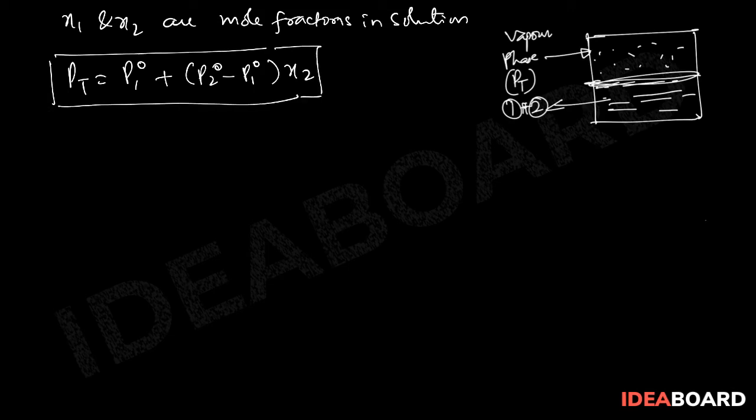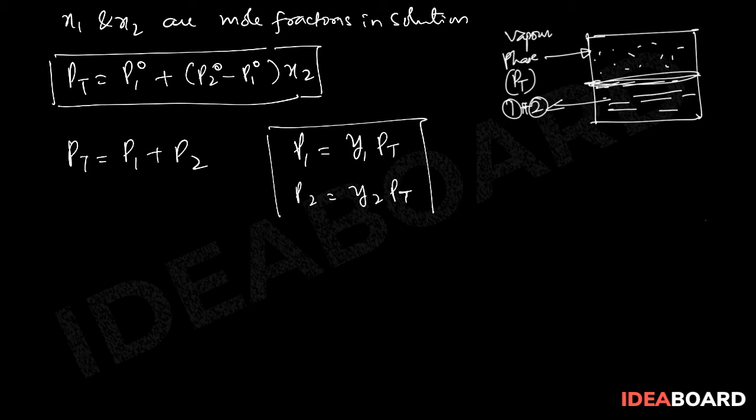We also know that according to Dalton's law, P total is equal to P1 plus P2. Now, if we want to find out the mole fraction of the component in the vapor phase, we can always find it using Dalton's law. So, P1 is equal to y1 into P total and P2 is equal to y2 into P total. So, this is from Dalton's law.